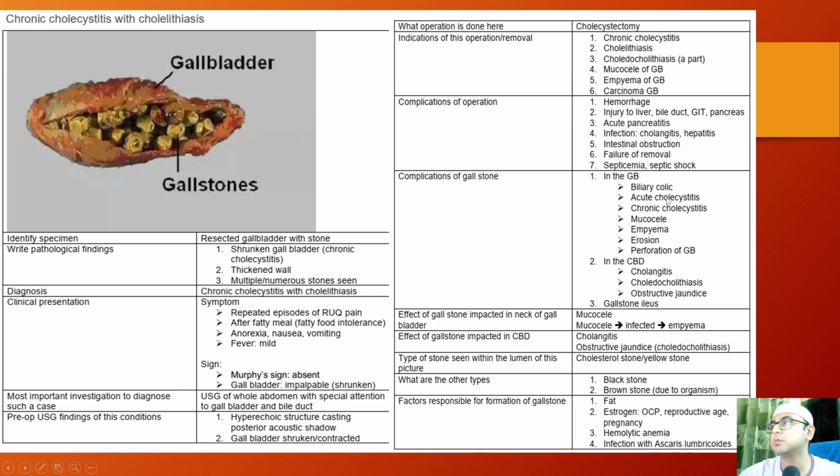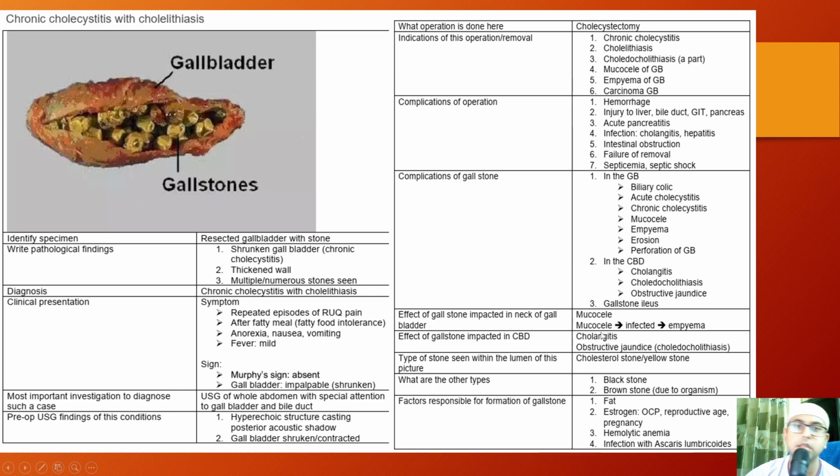So complications of gallstone, I already told you: mucocele, empyema, erosion, perforation, then acute cholecystitis, chronic cholecystitis. So this is very common. It could be present anywhere. So the effect of a gallstone impacted in the neck of the gallbladder is that it can cause a mucocele. So how does a mucocele form?